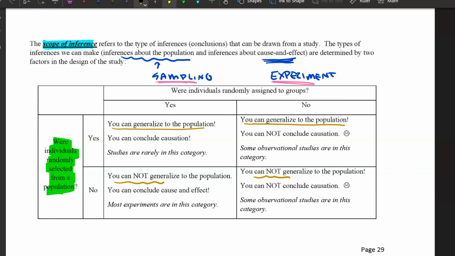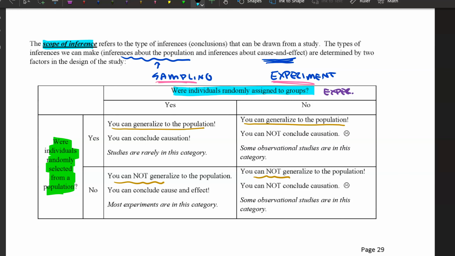Then the second question is, okay, did you run an experiment? The way our book words that is, they said, were the individuals randomly assigned to groups? I would kind of argue that you need more than just random assignment to groups. You need to follow all four principles, all four pillars of good experimental design.